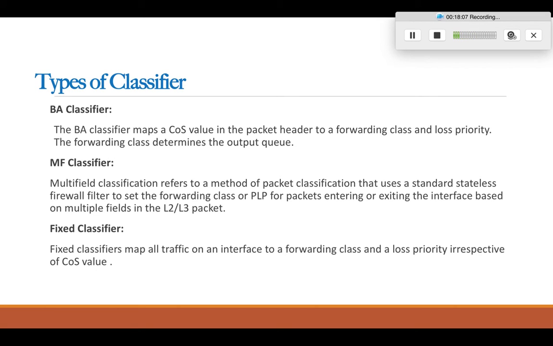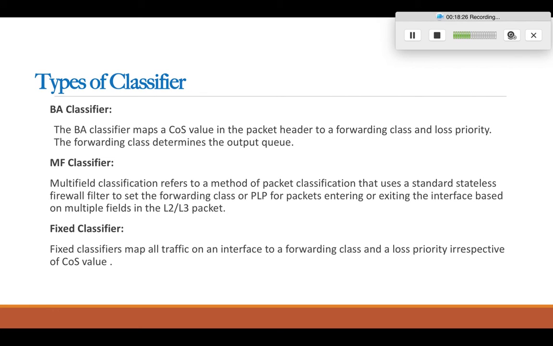This means the user need not depend on the CoS values. The user can still classify in depth each and every packet by using the various fields of the L2, L3 packets.